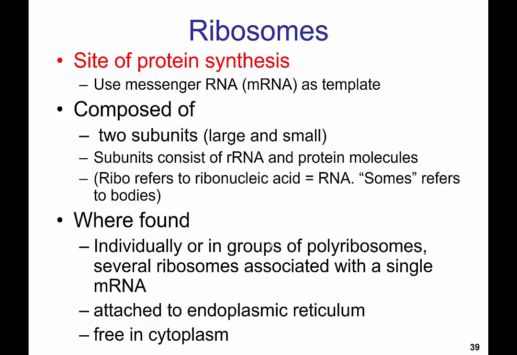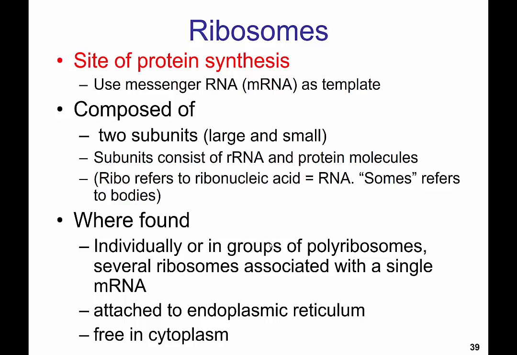The subunits themselves are made up of ribosomal RNA, that's denoted rRNA, and protein molecules. The ribo refers to ribonucleic acid, which is RNA. Somes refer to bodies. Ribosomes are found individually or in groups of polyribosomes, poly meaning many. With a polyribosome, several ribosomes are associated with a single mRNA.